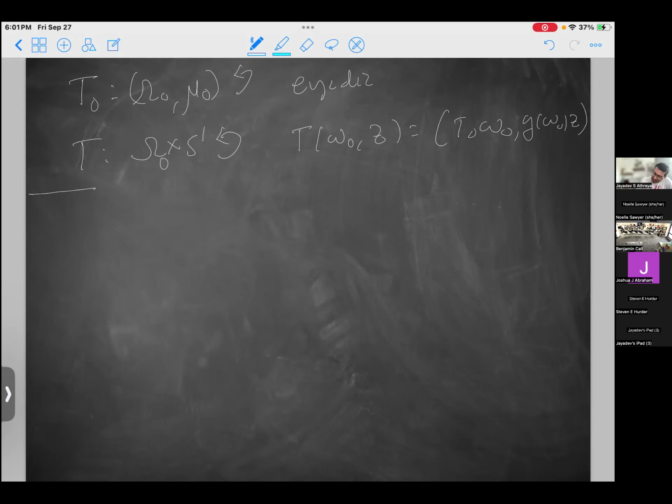So now, suppose I wanted to find what an obstruction to ergodicity for T is: an invariant function.